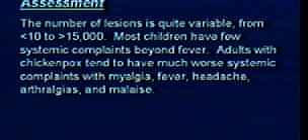However, for each patient in a household that acquires chickenpox, the more lesions they get. So if you have 3 siblings, the first sibling will have less lesions than the third sibling who acquired the chickenpox.